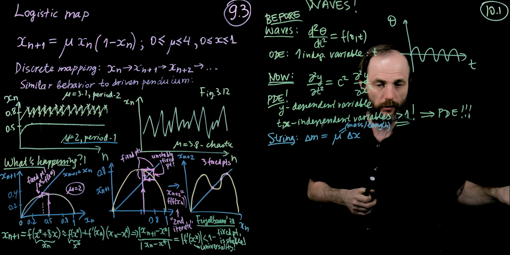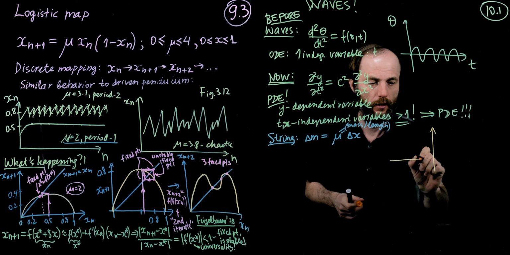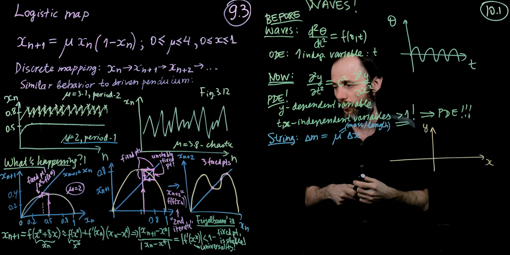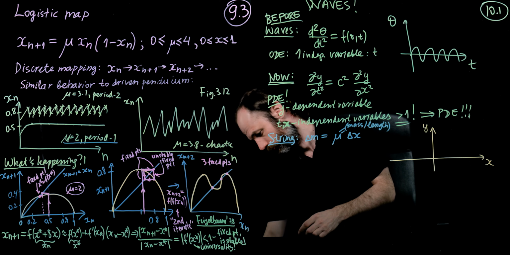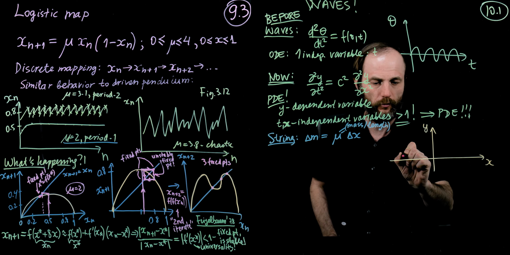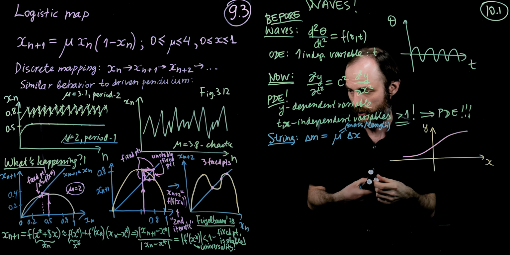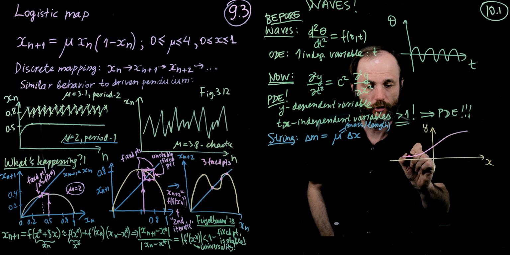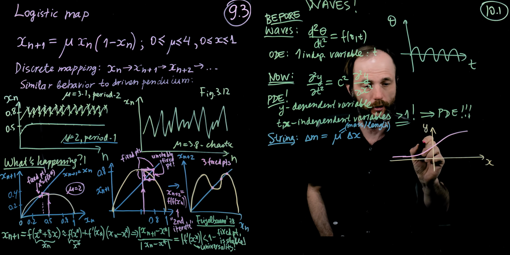For that we can draw a diagram. So that will be y, that will be x, and then there will be a string that might look like something like that. We are going to have a few positions at which we're going to be keeping track of what this string is doing.